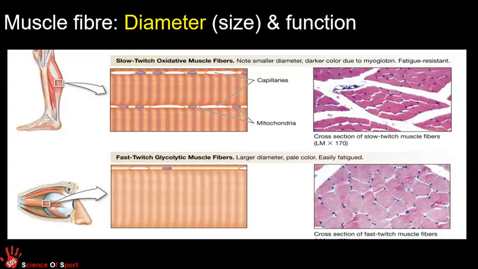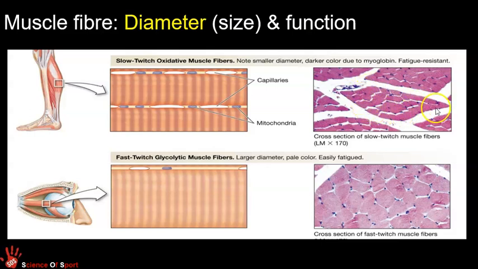So not only are the fibres functionally different, they are structurally different, and one way they vary is their diameter, how large they are, how round they are. The diagrams on the right here show the difference in diameter. In these cross-sectional views, you can see these slow oxidative or type 1 fibres are quite small.